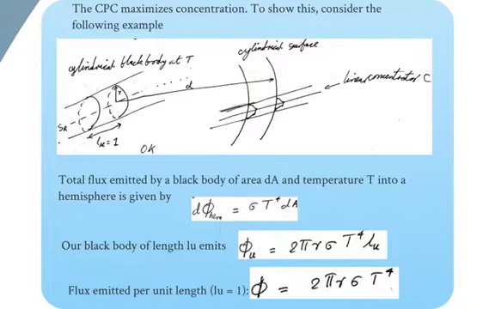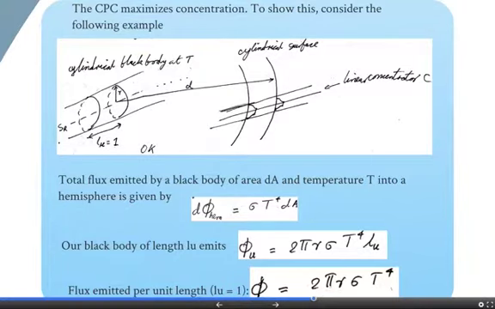Now, our black body has length, let's say Lu, which is a cylindrical black body. Its surface area now becomes the surface area of the cylinder, which is 2 pi r times Lu. So 2 pi r times Lu becomes this dA. So now you have 2 pi r Lu sigma T raised to 4. Now we're going to make Lu equals 1 because we're going to look at unit length.